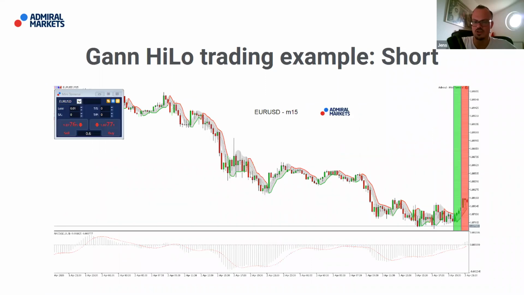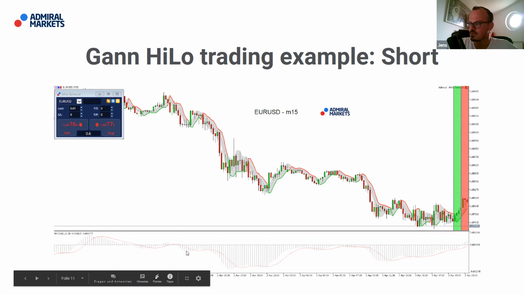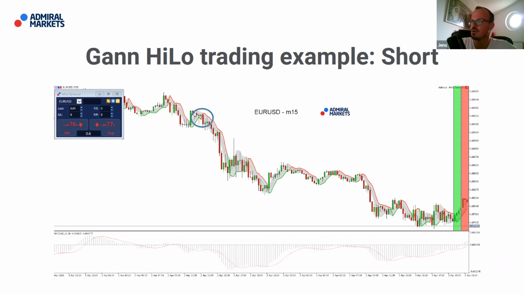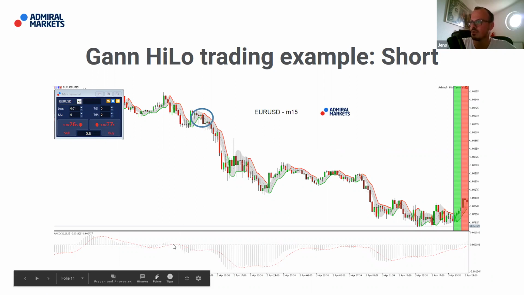We also have here a short signal, which illustrates how this system also works from the short side. So you can see here again, the histogram is below 0. That's of first interest. Then we have the cross of the price below the Gann Hi Lo. By the way, let's take this as an example here.